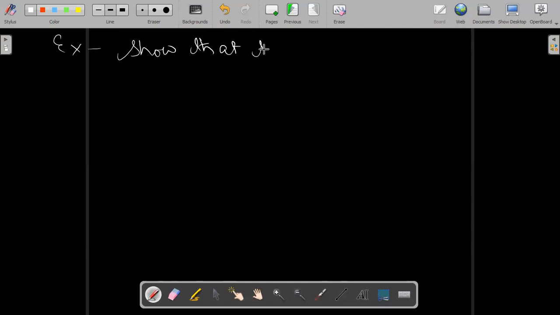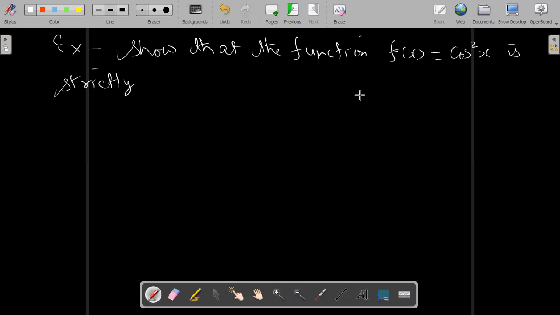the function fx is equal to cos square x is strictly decreasing. Now you can see that the cos and sine functions are like this.